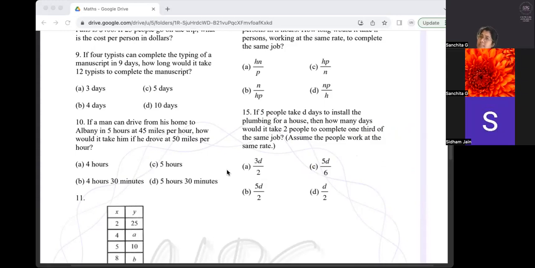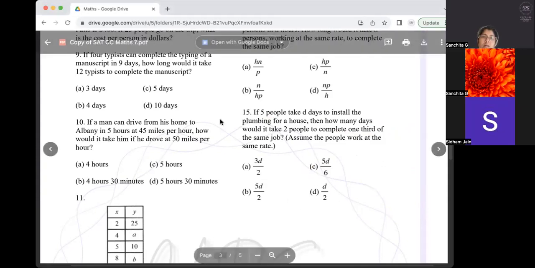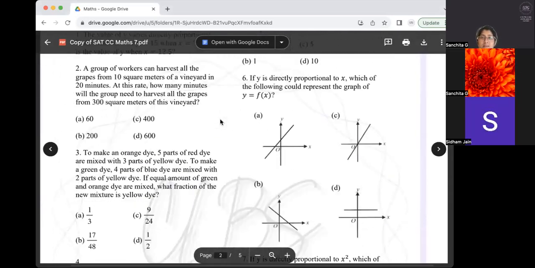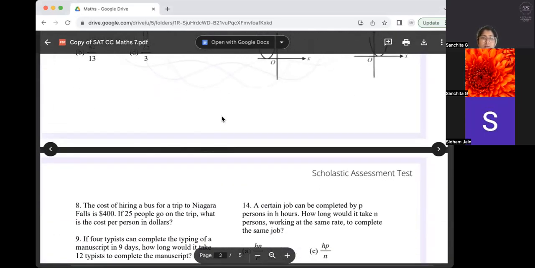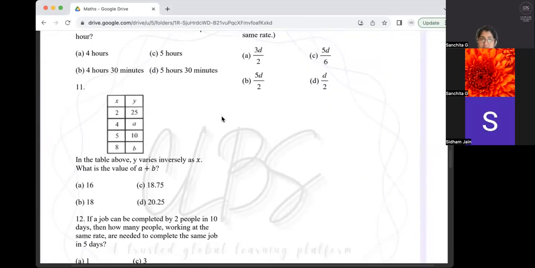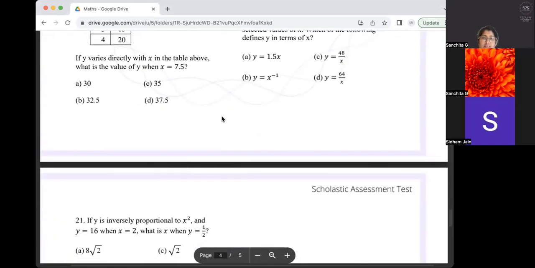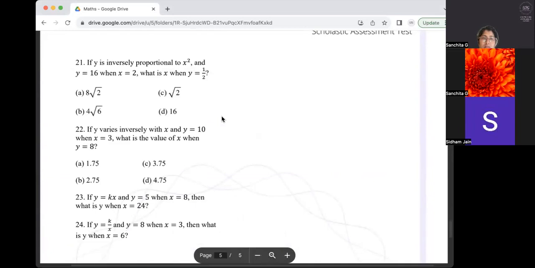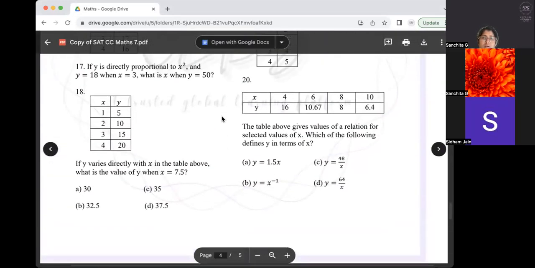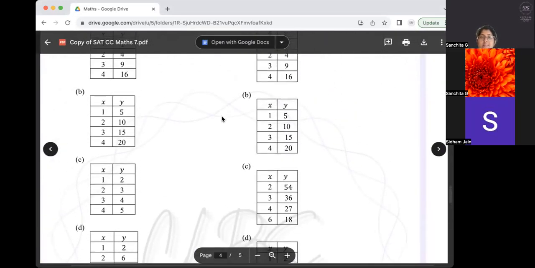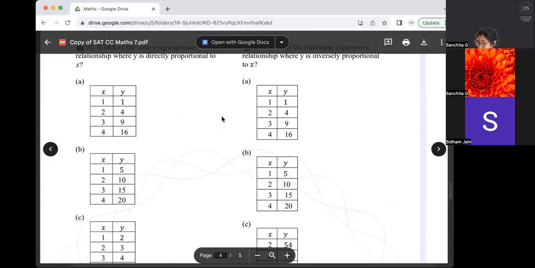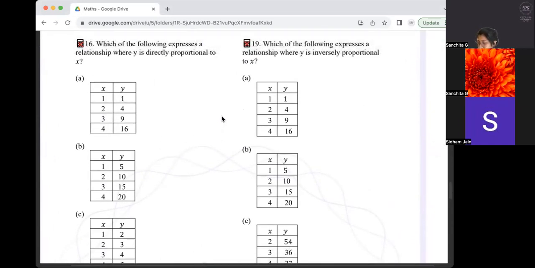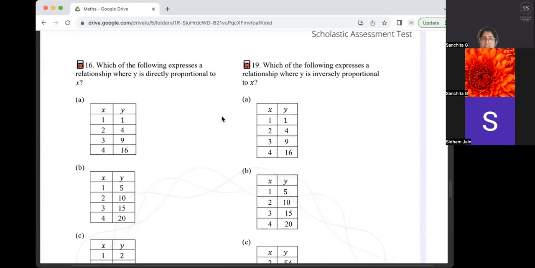So that's it. Theory is done, right? Now we can just practice a few more questions. We have covered up until 15, right? So let's take 16 till 19 first.